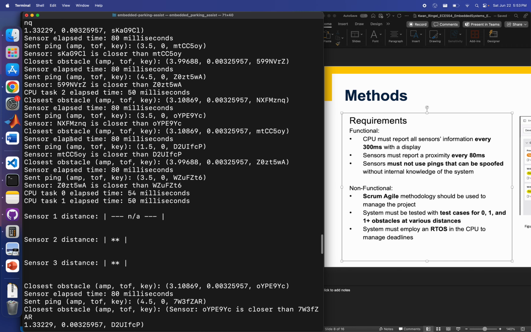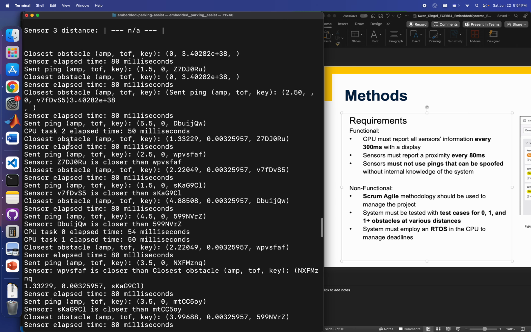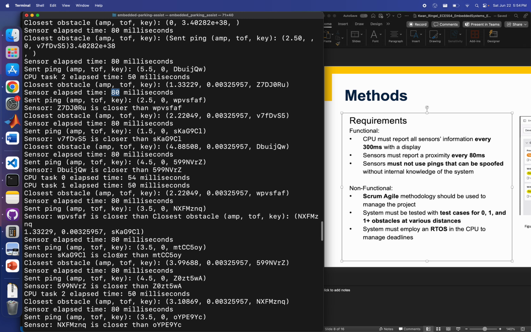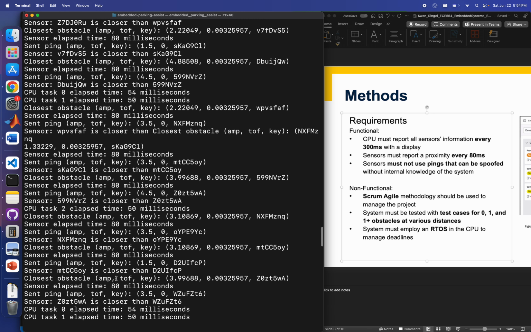So just like before, you can still see that it produces a new report every 300 milliseconds. So if you count the sensor time, it goes 1, 2, 3, 4, 5, 6, 7, 8, 9, 10, 11, 12.